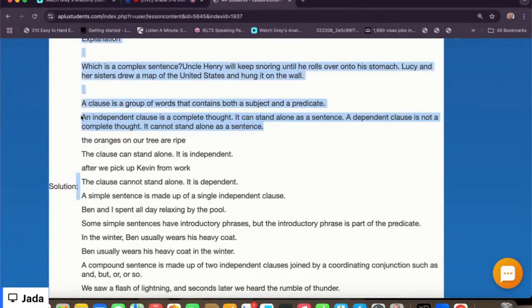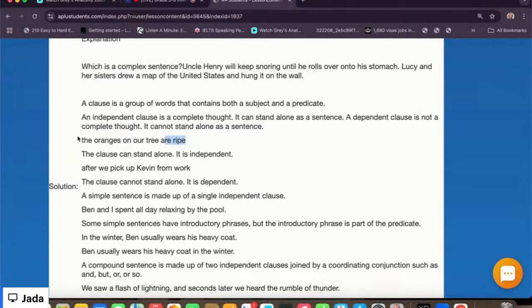An independent clause is a complete thought. It can stand alone as a sentence. And then we have the dependent clause. It is not a complete thought, it cannot stand alone as a sentence.